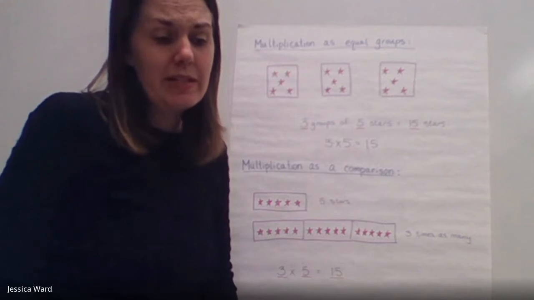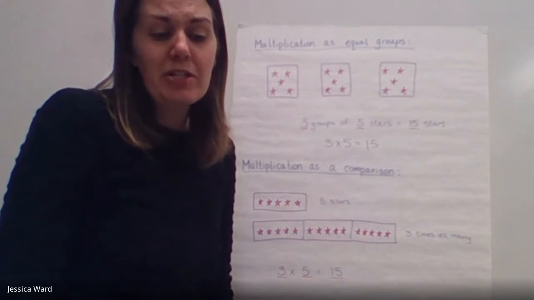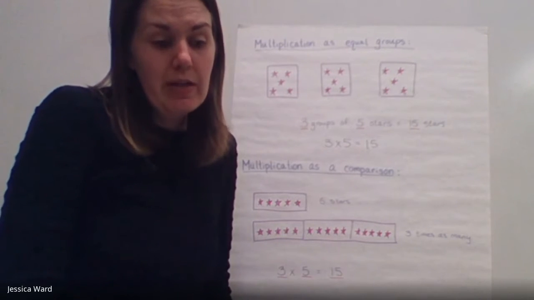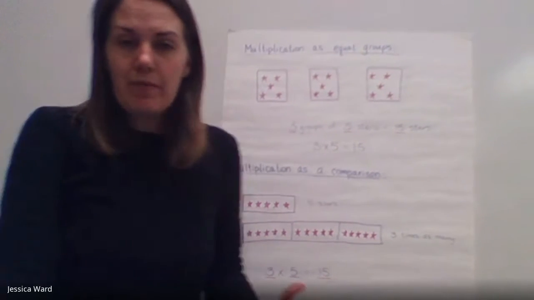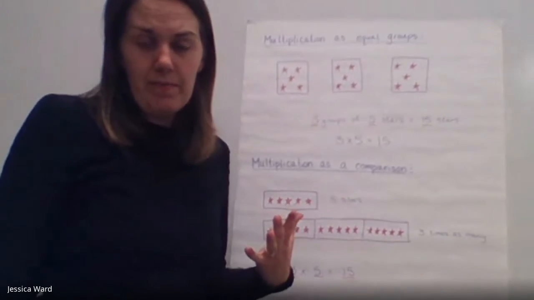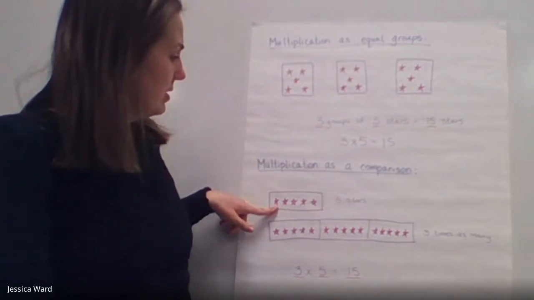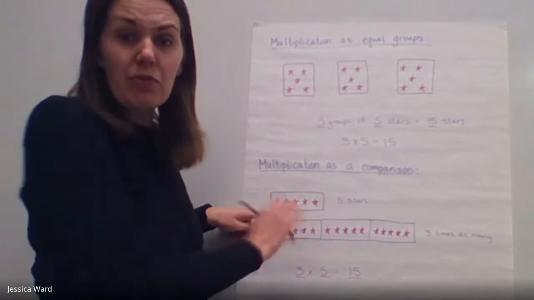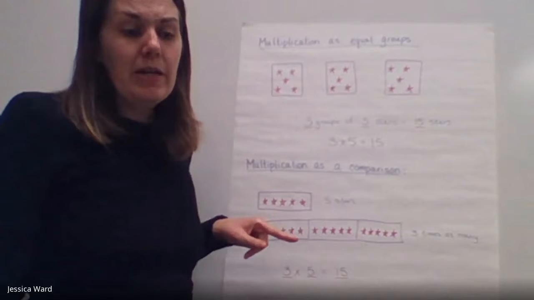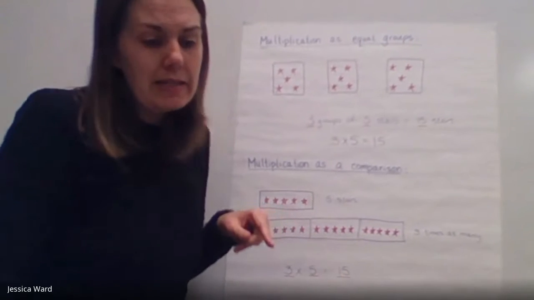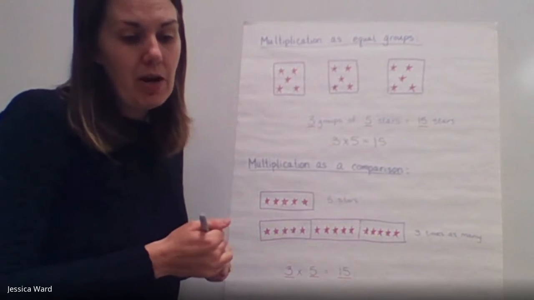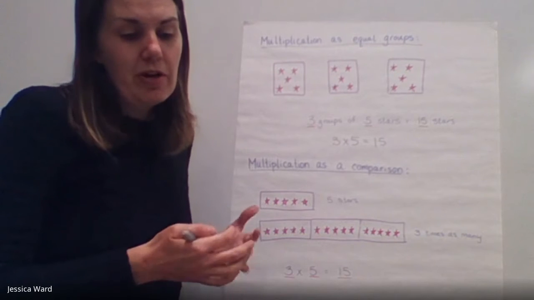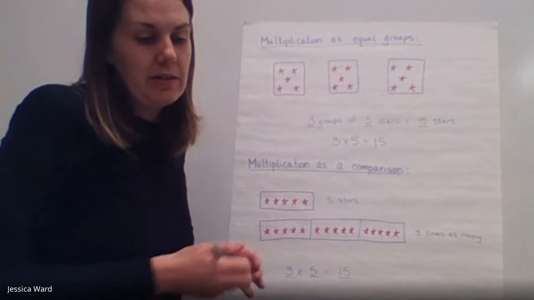Now, number 2 says you can also think about multiplication as a way to compare two numbers. So now we're thinking about it as we have a certain number and then we're going to have 3 times that number, right? So A says draw a group of 5 stars in a box on the left and then draw 3 times as many stars in the boxes on the right.